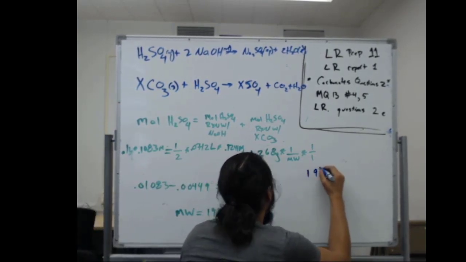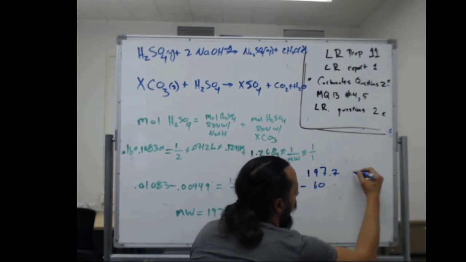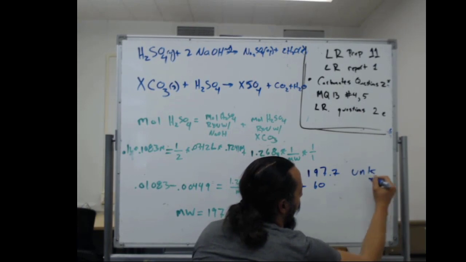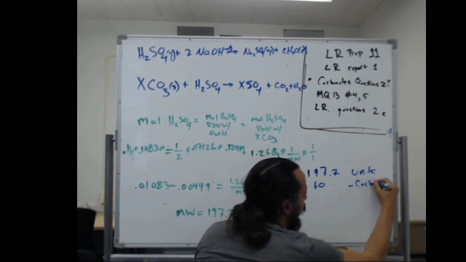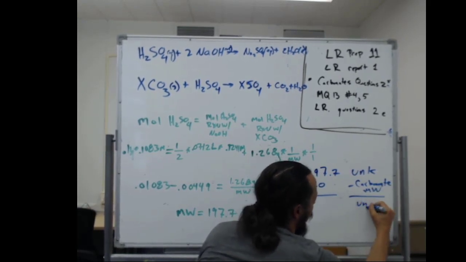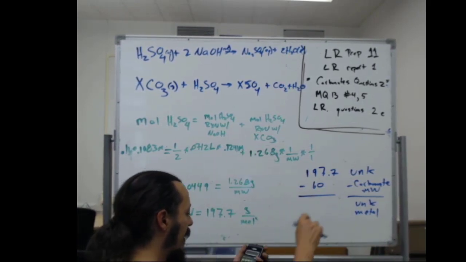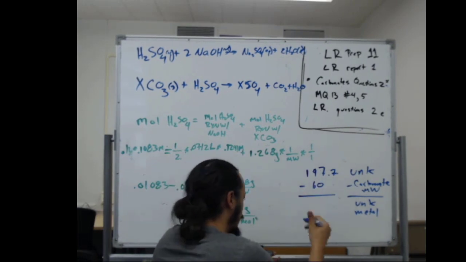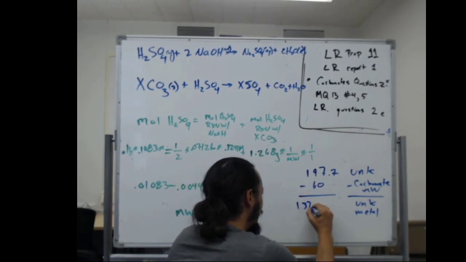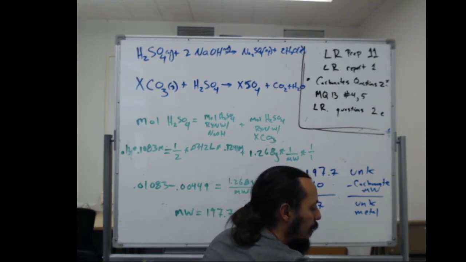So I'm going to do 197.7 minus 60. That's going to give me 137.7 for my mass of my unknown metal.